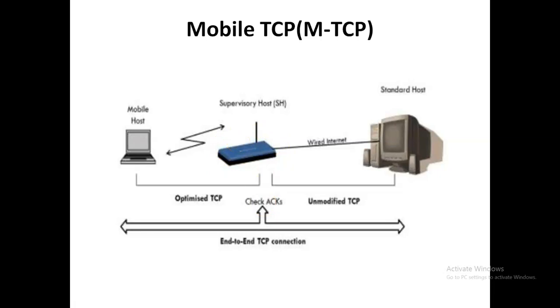Once the acknowledgement is not received, the supervisor host will forcefully stop the correspondent host from sending the next data. If and only if the acknowledgement is received from the mobile host, the supervisor host will allow the sender to send the next information. So this is the workflow of mobile TCP.